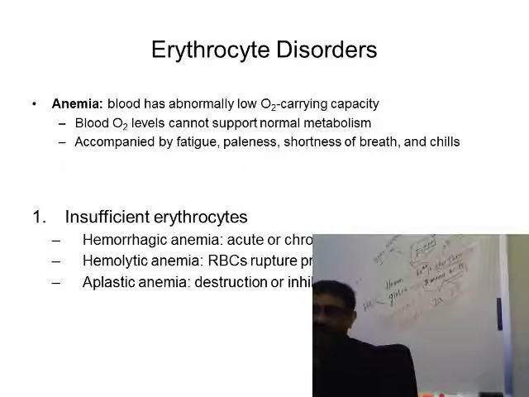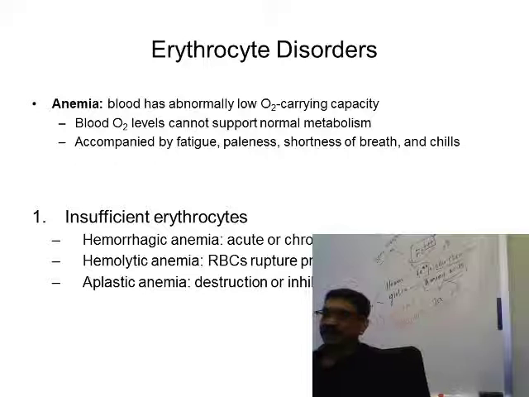Aplastic anemia. If the site of production, that means the red bone marrow, is destroyed or depressed or becomes inactive, that will decrease the production of red blood cells. Makes sense?